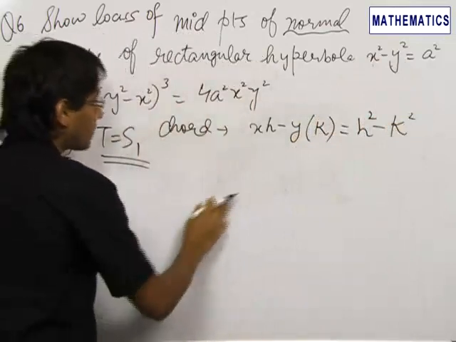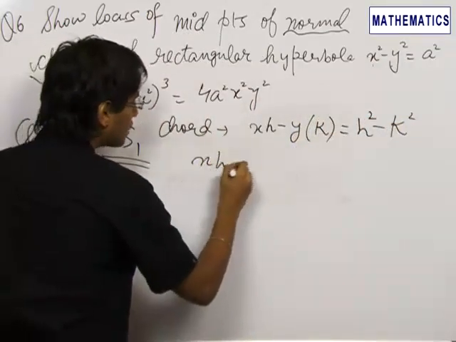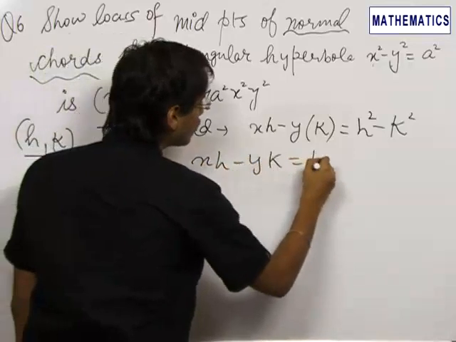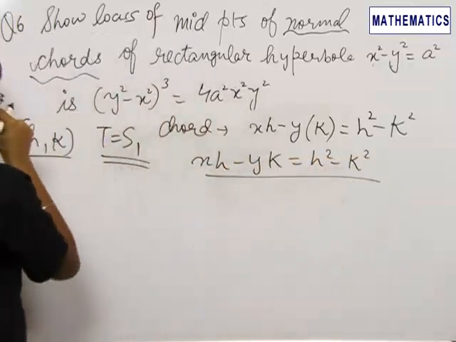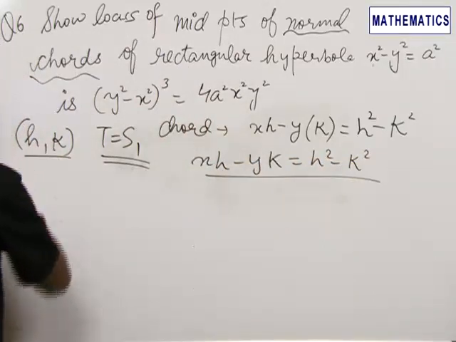This is a shortcut which you should remember. Hence this becomes xh minus yk is equal to h square minus k square. This is an equation for a chord whose midpoint is given.